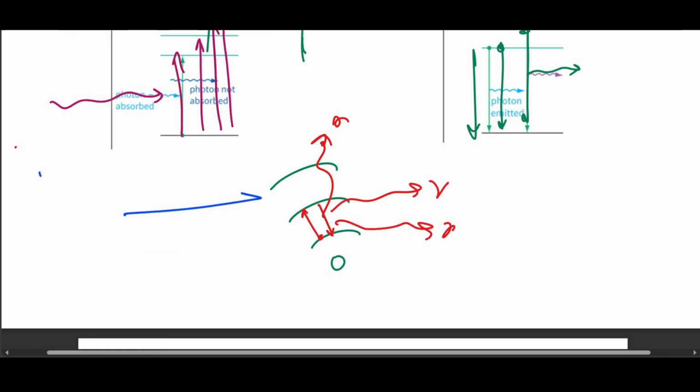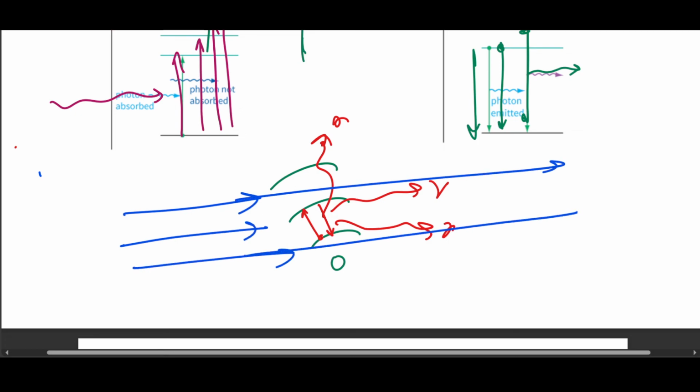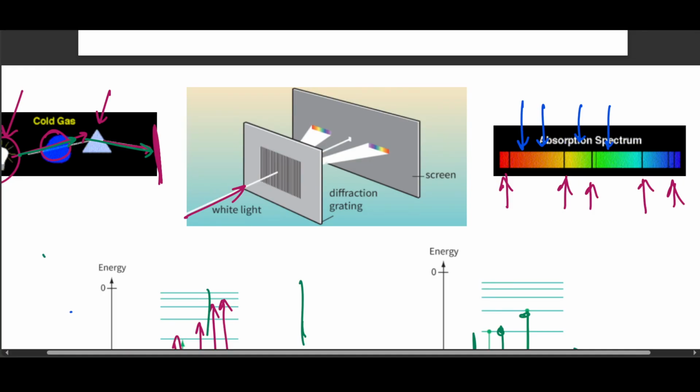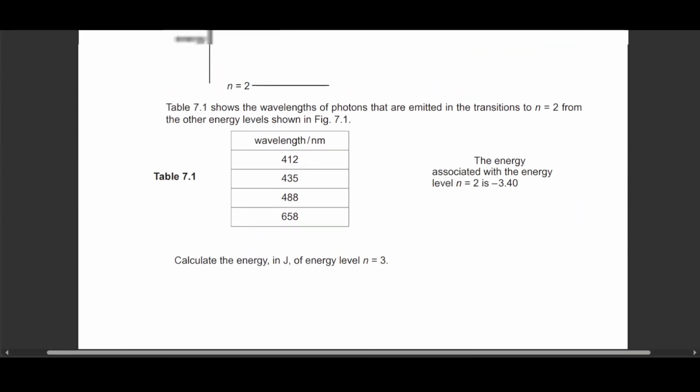Previously the photons were being received in a straight direction. So the ones that were not absorbed got received on the screen, and the ones that were absorbed but emitted in a different direction didn't make it to the screen. Since they were not received at the screen, they appear as dark lines on the spectrum. We didn't get them back because they were emitted in random directions. This is the answer for that.